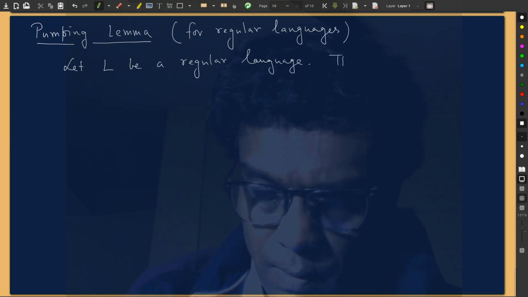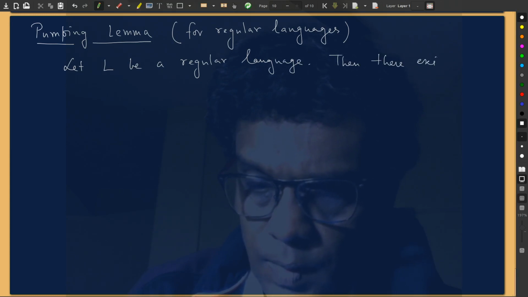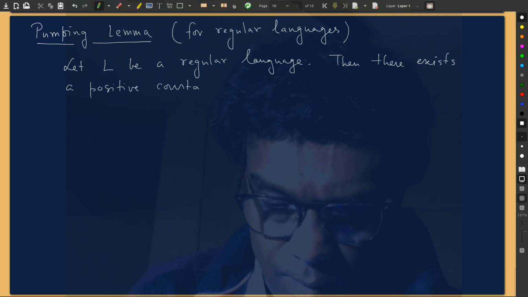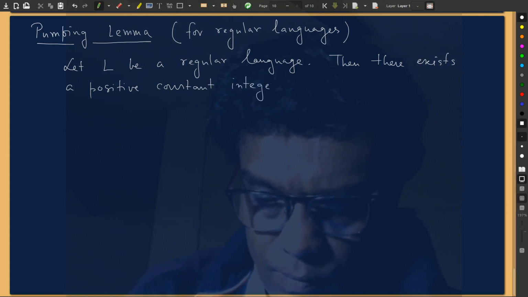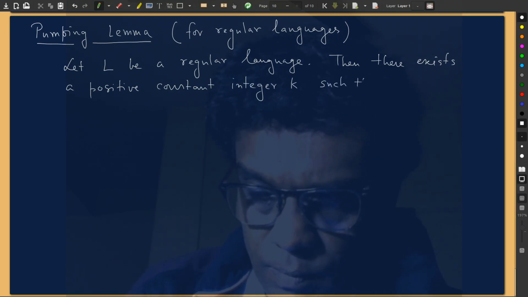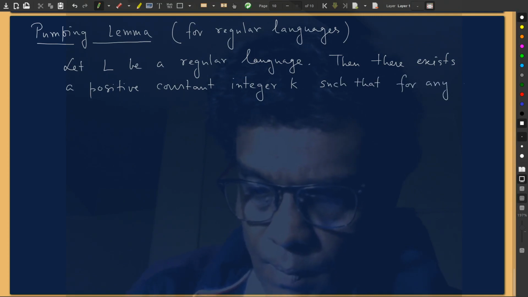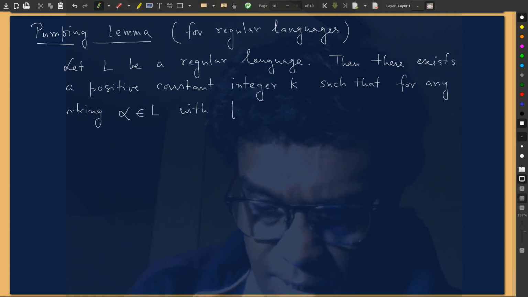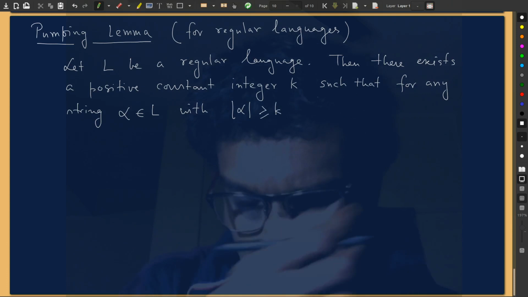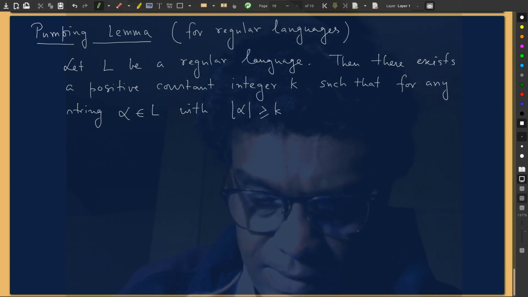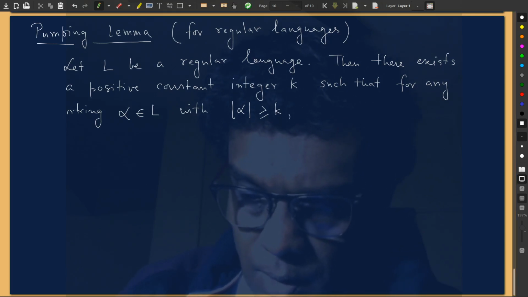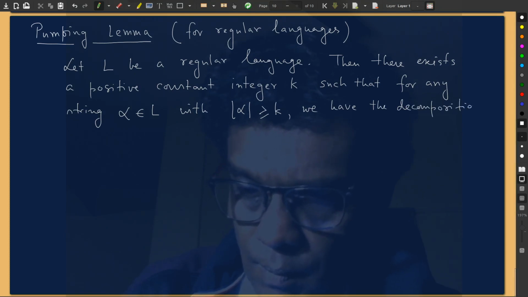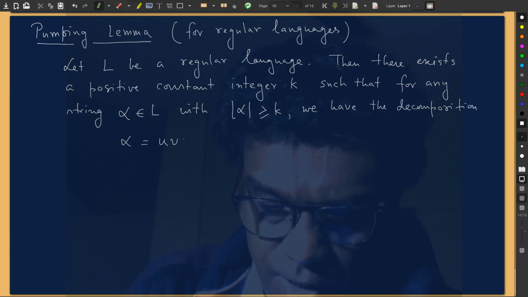Then there exists a positive constant integer k such that for any string alpha in L with the restriction that the length of alpha is greater than or equal to k, for any string alpha in L with the length of alpha greater than or equal to k, we have the decomposition alpha equal to u v w.